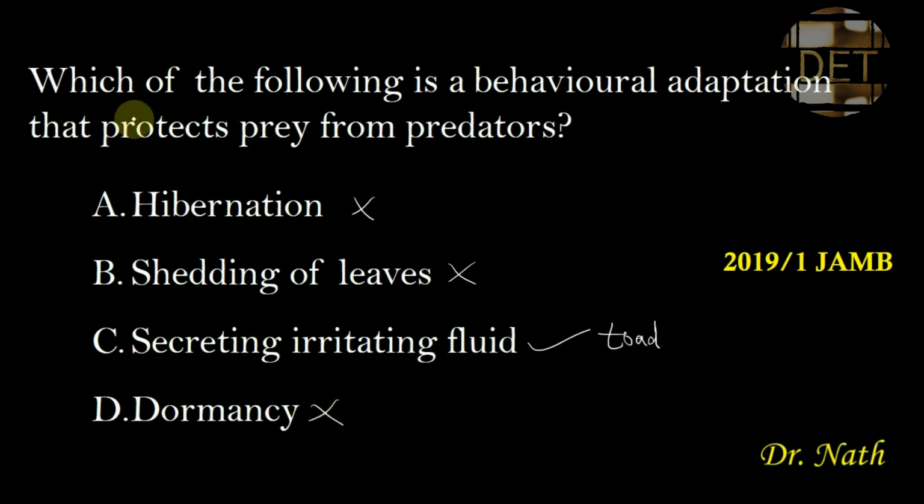No. So the answer is secreting of irritating fluid, and this is seen in toad. When a toad comes in contact with its predator, it secretes irritating fluid. That irritating fluid will irritate the predator, and that will prevent the predator from devouring the toad. So the correct answer to this question is option C, secreting irritating fluid.